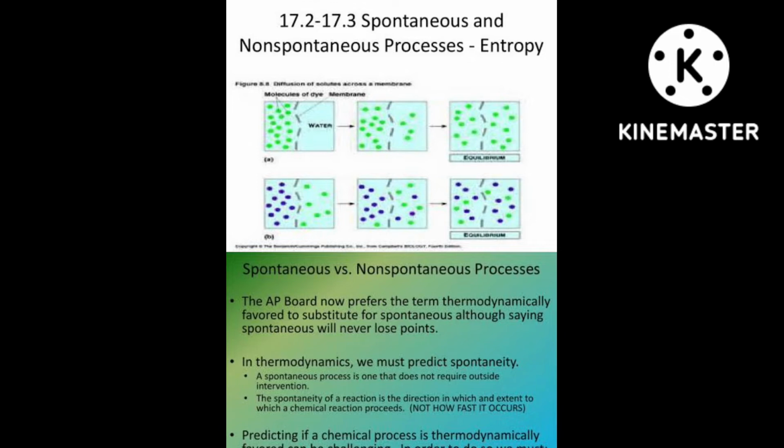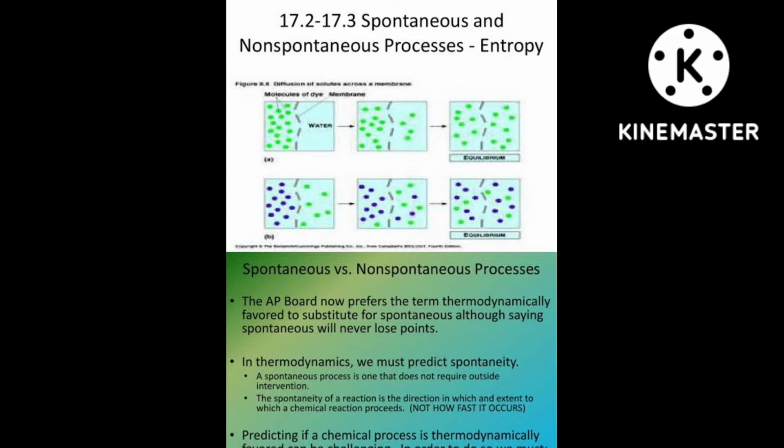Here we will know the criterion for this process, whether it will take place or not. On what basis, on what criteria, this process will take place or not, that we will understand here.